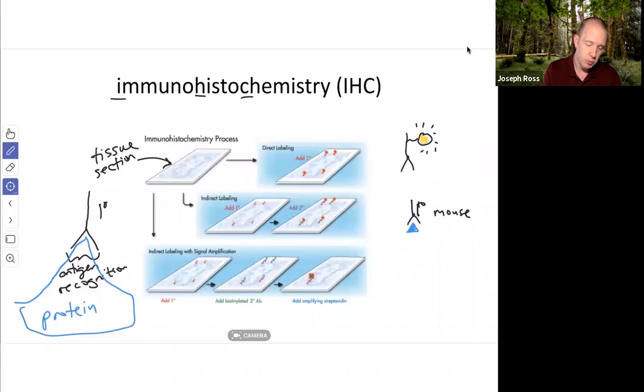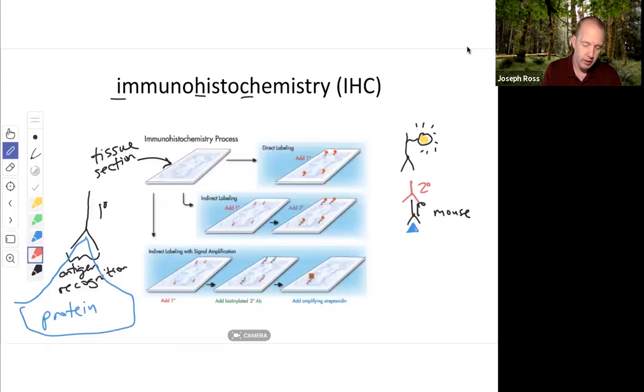So then the authors will apply, in this example, a second antibody, this is a secondary antibody, whose antigen recognition surface is designed to recognize mouse primary antibodies.